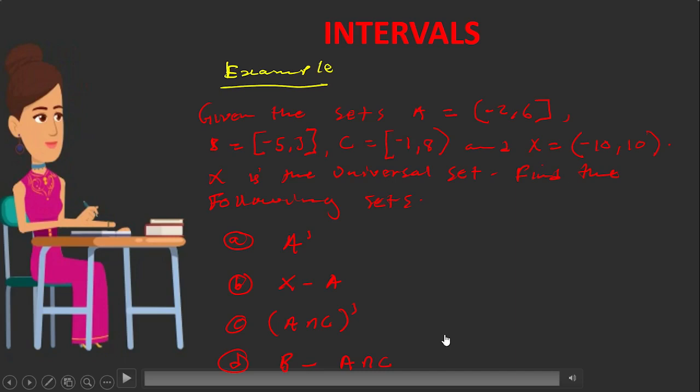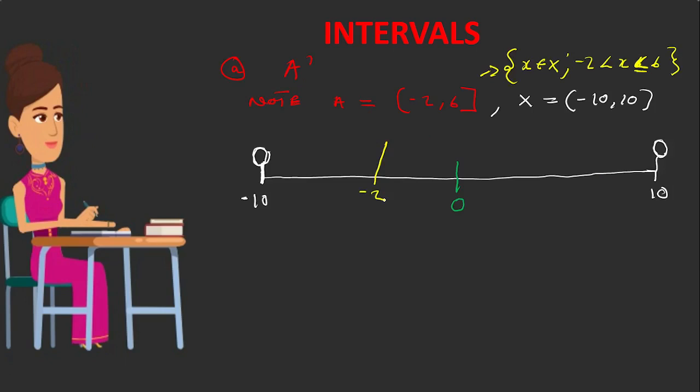After I put a 0, then I go and get the set I have. The set I have in this case is -2 and 6. So I'm going to write a bar -2. Then I'm going to put a bar 6.